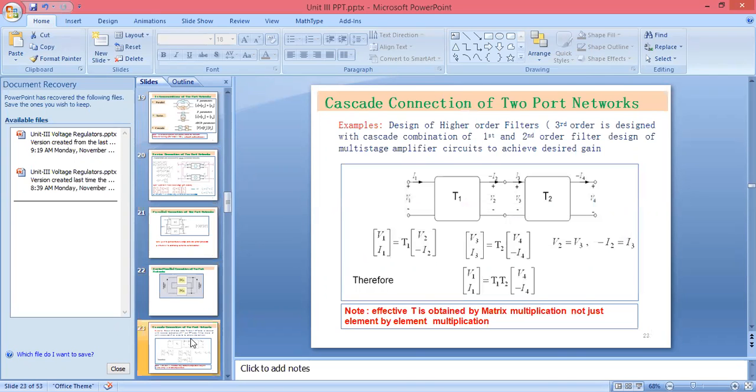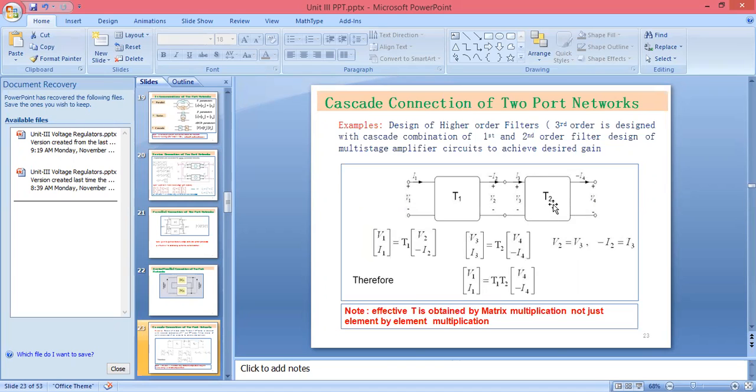If we are making the cascade combinations for the two-port network, we can make cascade combinations by using the transmission parameters, or we can use here the ABCD parameters. And you will get values for V1 and I1 in the form of the transmission parameters for port 1, port 2, into the output voltage across the last port.